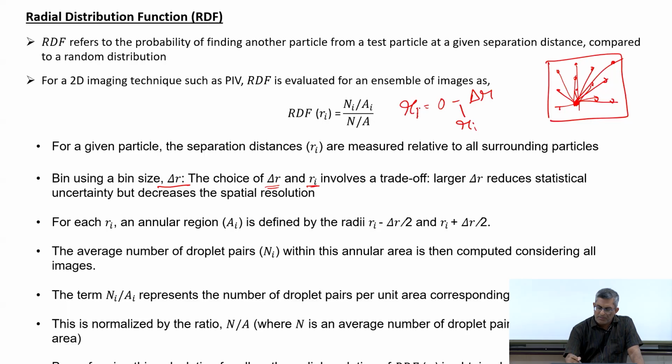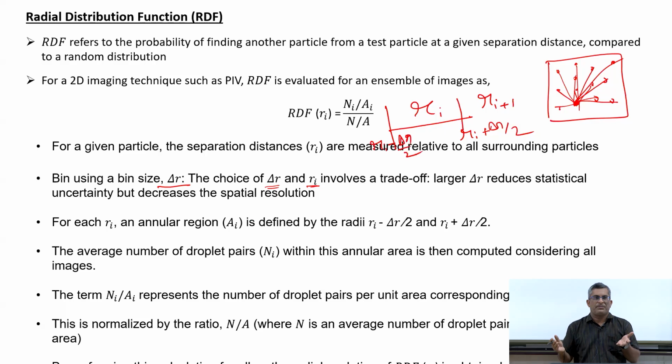Okay, let us make it more general. So, you have this bin defined such a way that this difference is basically delta R. So, you have a bin which is between Ri minus delta R by 2 and Ri plus delta R by 2.